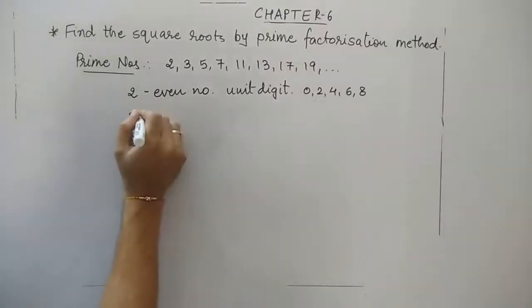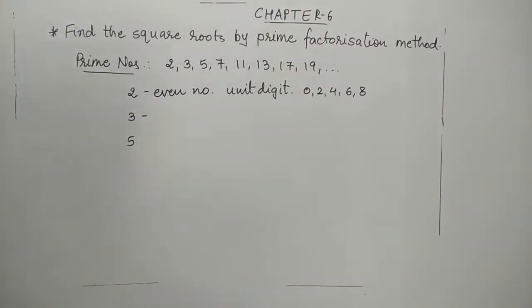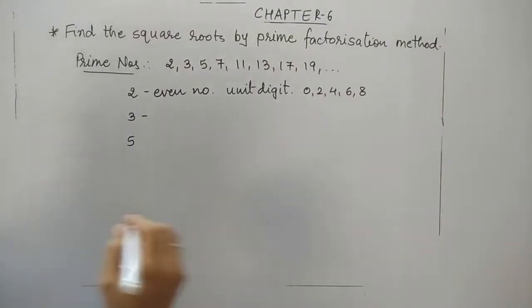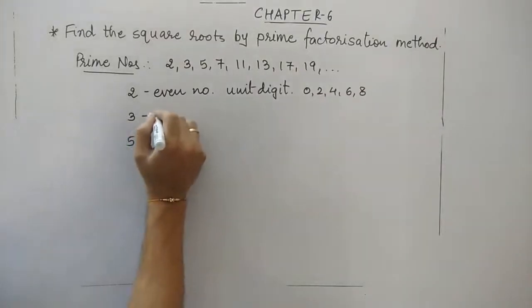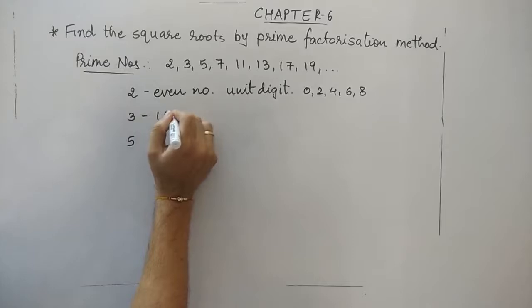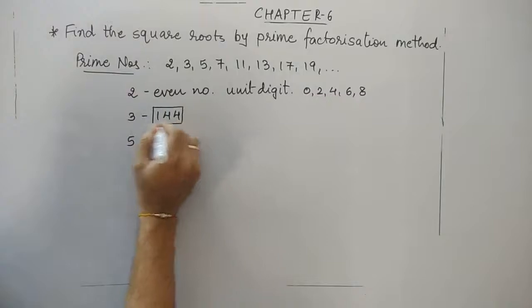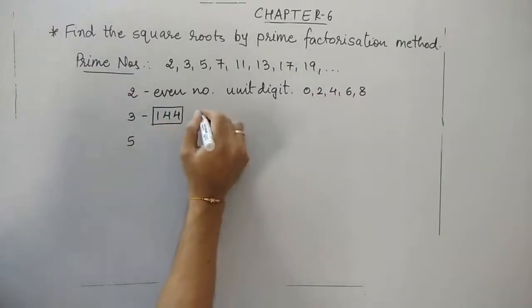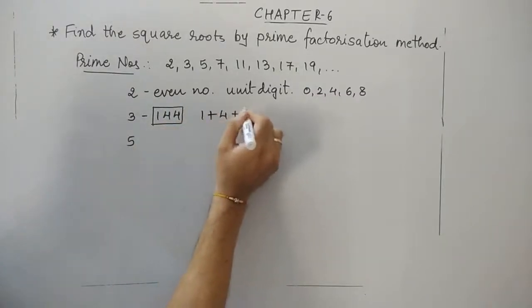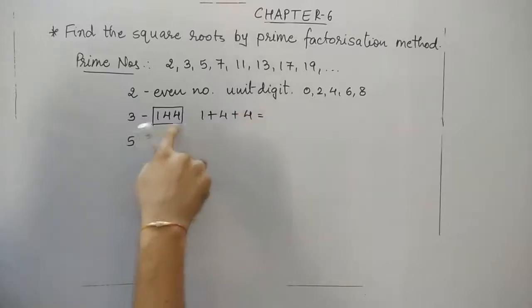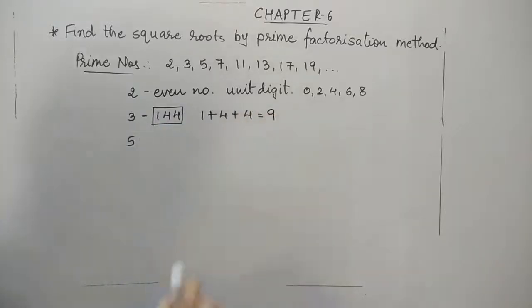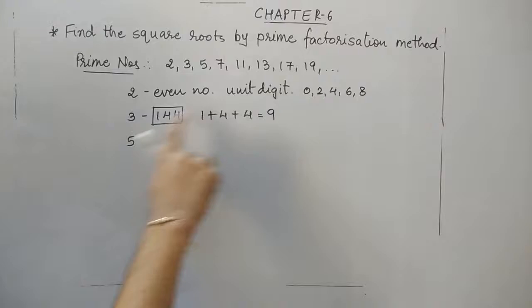Okay. Let's come to the 3. How do we come to know? Let's see by one example. Let's take the example 144. Now whether it is divisible by 3 or not. There are 3 digits, so we'll do the sum of all the 3 digits. 1 plus 4 plus 4, that is 9. So you can see that the sum of the digits is divisible by 3.